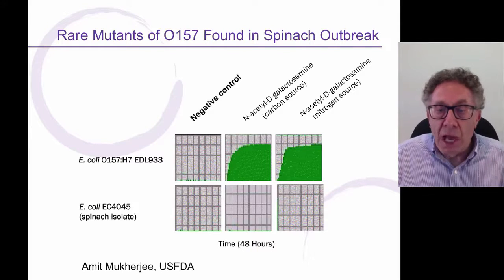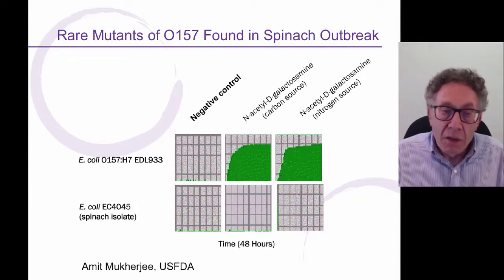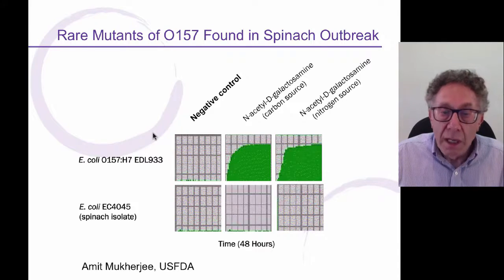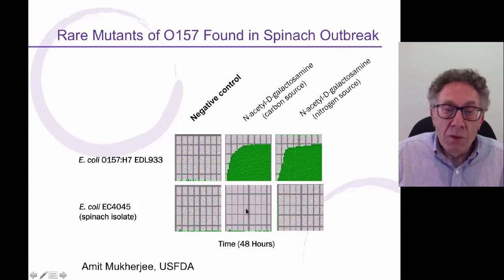However, as they look at outbreaks, they occasionally do find a variance. So this is from a spinach outbreak, again, Amit Mukherjee, Tom Sabula at the US FDA. And they were finding unusual mutants or isolates that had lost metabolism of N-acetylgalactosamine, both for carbon and nitrogen metabolism.